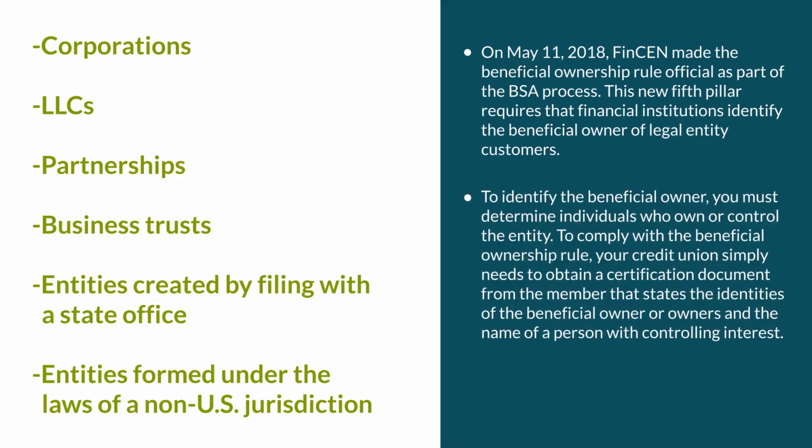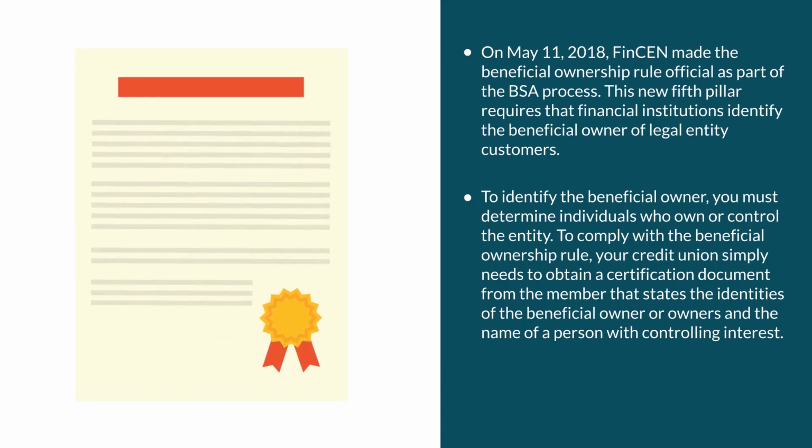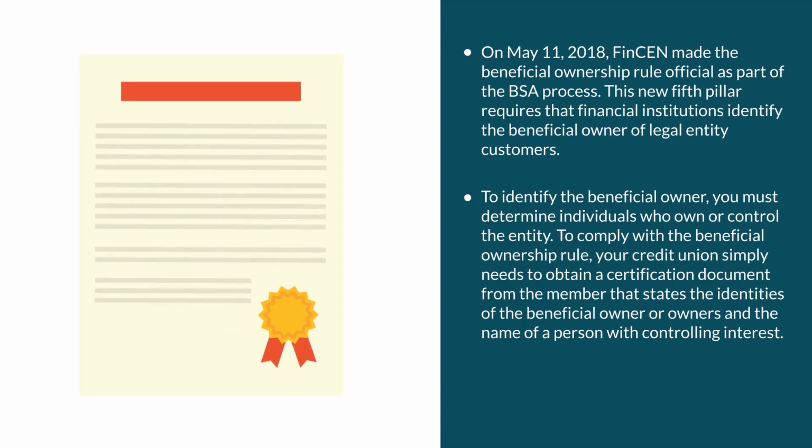To identify the beneficial owner, you must determine individuals who own or control the entity. To comply with the beneficial ownership rule, your credit union simply needs to obtain a certification document from the member that states the identities of the beneficial owner or owners and the name of the person with controlling interest.